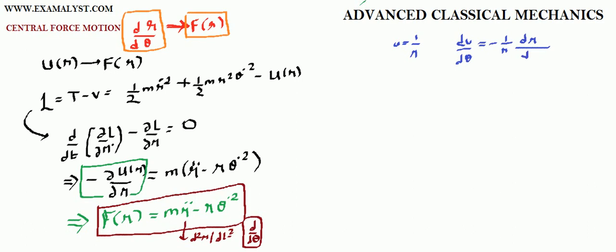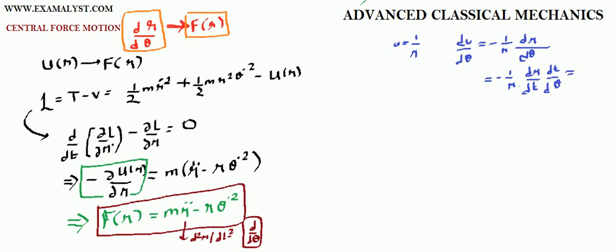Quite easy. Similarly, you can also write this by multiplying d by dt up and down, so you get dr by dt, and again you get a dt by d theta.